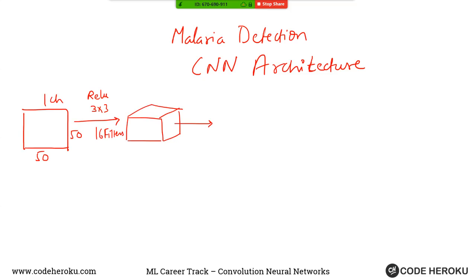So the depth of these filters will be 16. We know how to calculate the volume size from 50x50; it will definitely be less than the original feature size. This is our convolution layer 1.